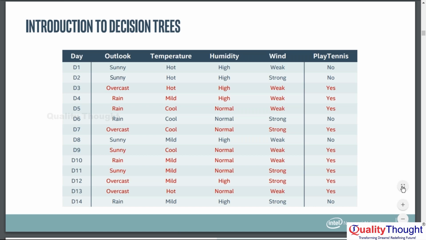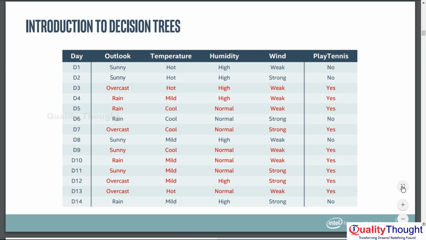Now let us try understanding this data set. So guys, in this current example, you could clearly see the very first column shows the day, and the second column shows the outlook. The third one is temperature, then humidity, and wind.